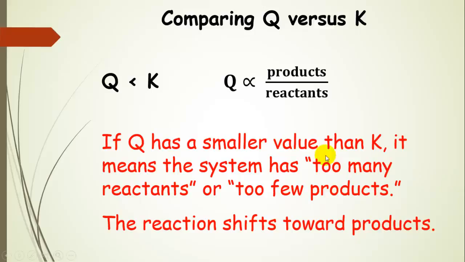If Q is less than K, and remember, it's products over reactants, then that means there are either too many reactants, so this number is too large, which makes Q smaller than K, or the number of products is too small. Either way, you can think about it as not enough products or too many reactants. Both of those ways of rationalizing it will help you figure out which way the reaction is going to go when Q is less than K.